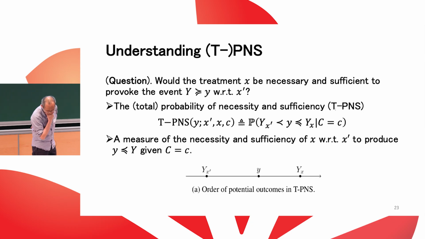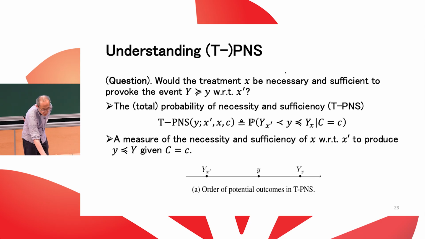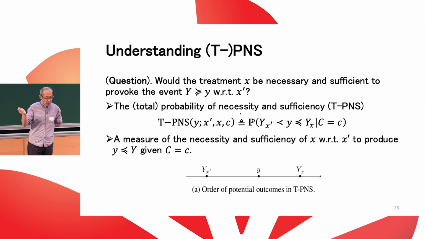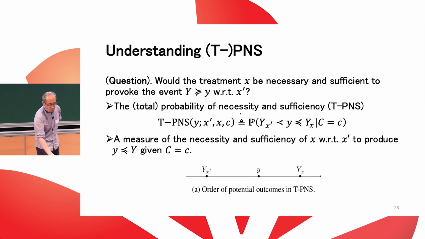So to generalize the PNS to the direct and the indirect effects, we'll focus on this PNS. In particular, this is the definition of the PNS, now conditioned on these covariates C. And now to distinguish direct and indirect effects, we'll call this the total PNS.